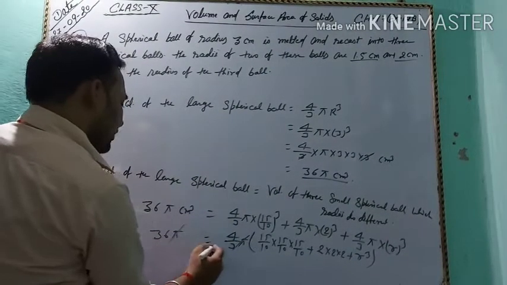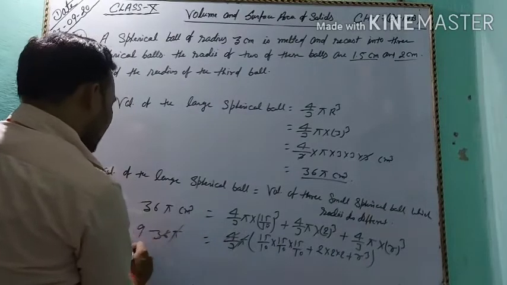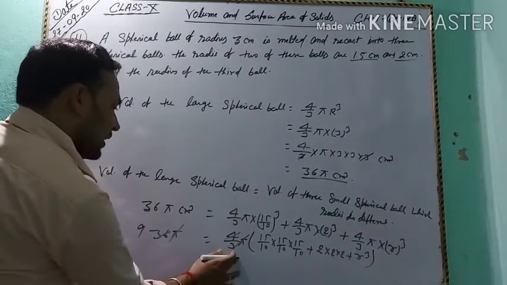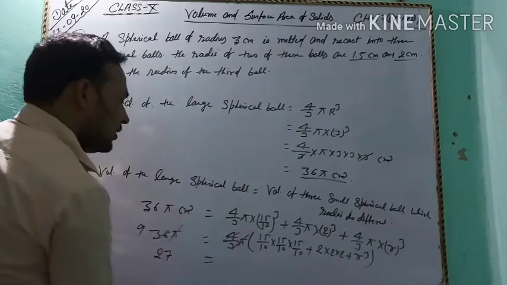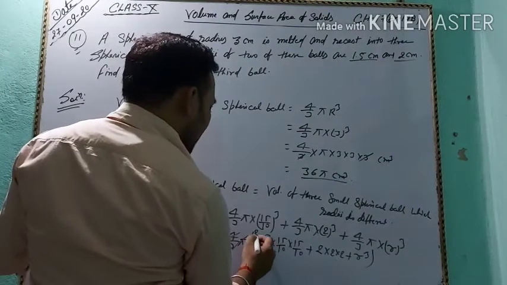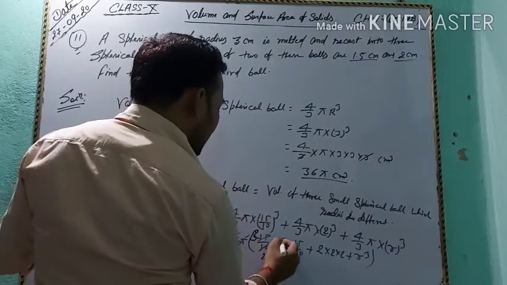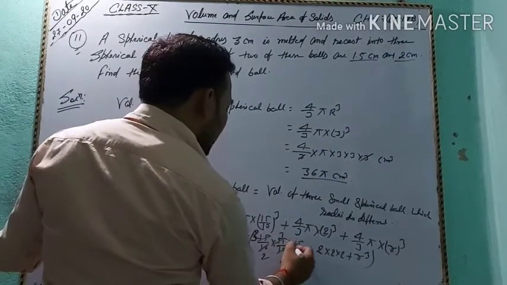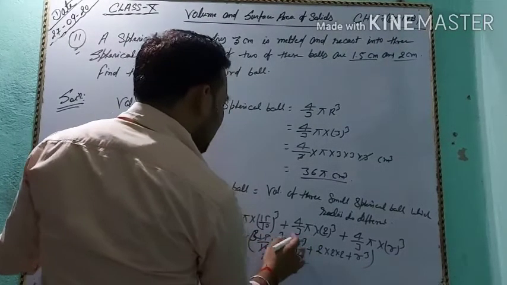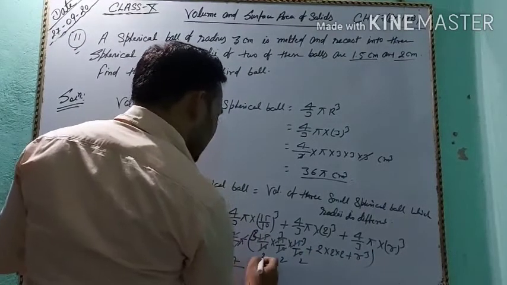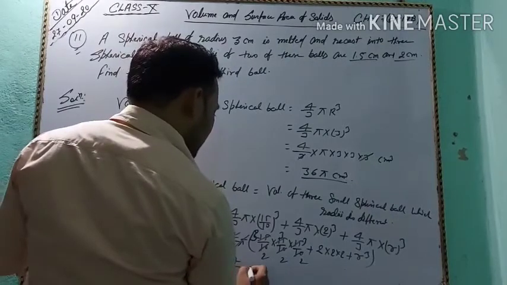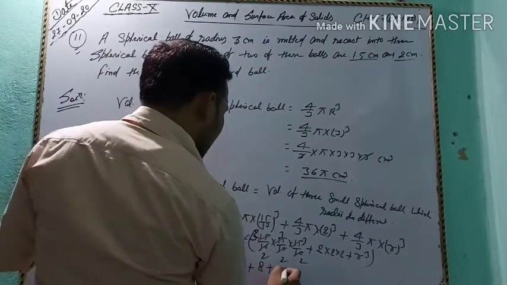Pi is cancelled. 9 fours are 36 and 9 threes are 27. 27 equal to, 5 twos are 10, 5 threes are 15, 5 twos are 10, 5 threes are 15, 3 threes are 9, 9 threes are 27 by 8 plus 8 plus r cube.